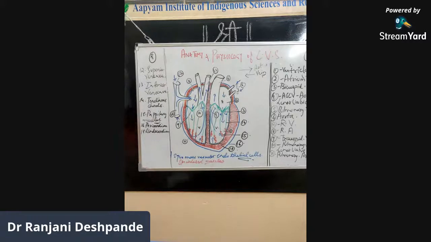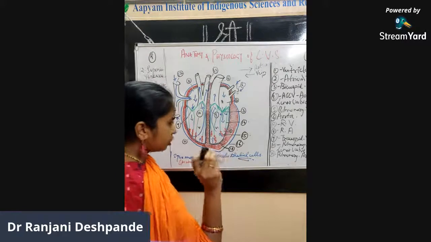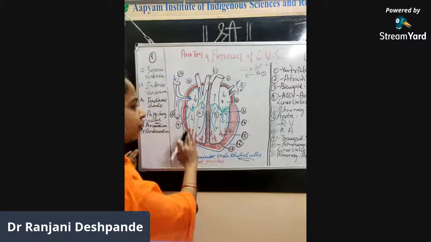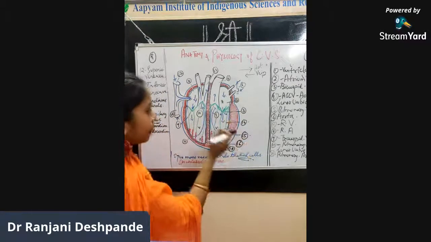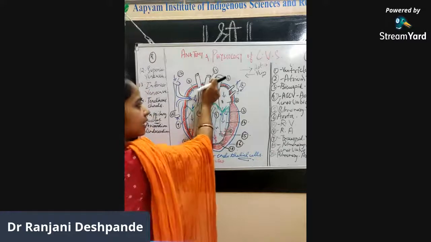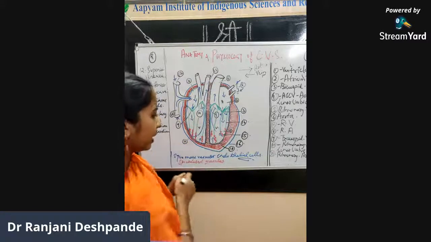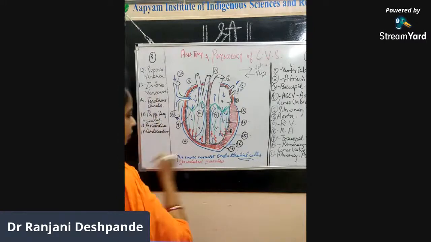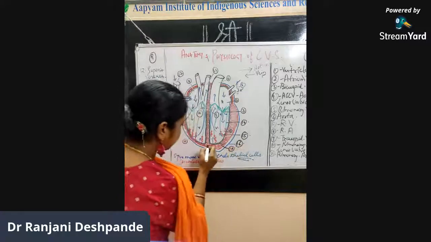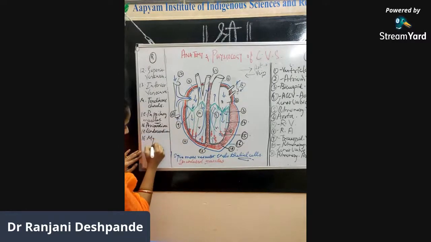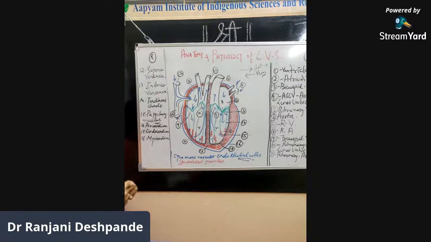Now there is a certain structure which also contains specialized muscles and separates the two halves of the heart, the right side and the left side. Anything that separates anatomically is called the septum. We have not written myocardium yet, so this is 18, this is myocardium.